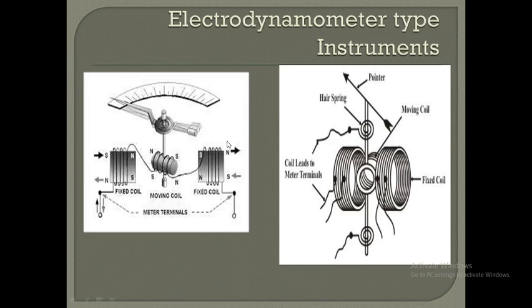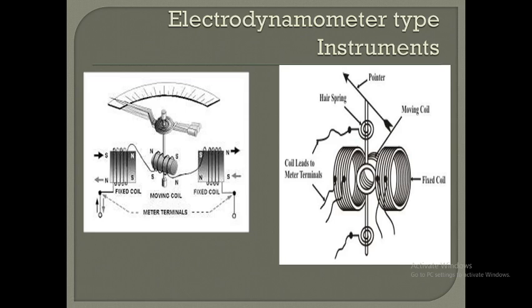Now we'll see the construction of the electrodynamometer type instrument. As you know, there is the fixed coil, which has been divided into two parts, and these fixed coils are air cooled. There is the moving coil, connected with the spindle and the pointer, and the pointer will deflect as the deflecting torque is experienced by the moving coil.